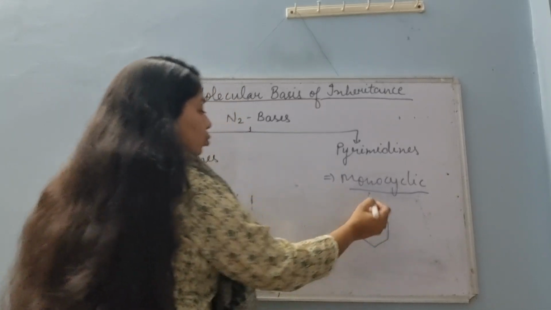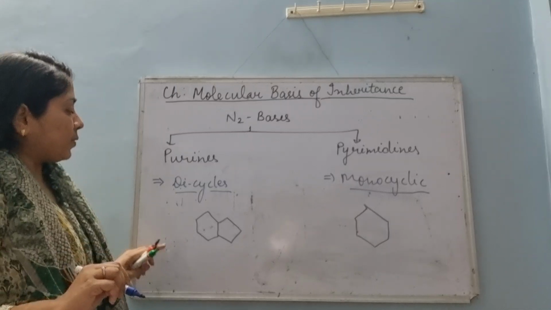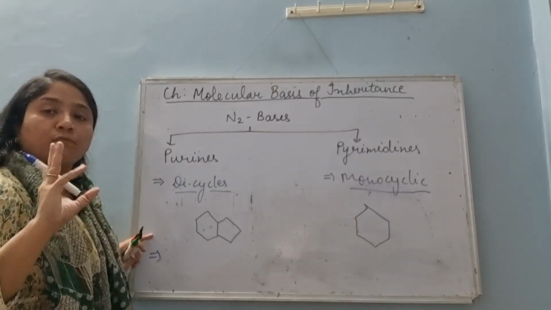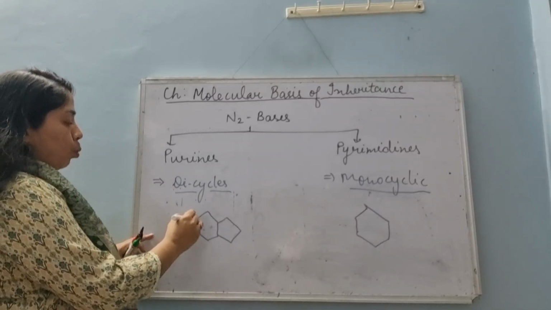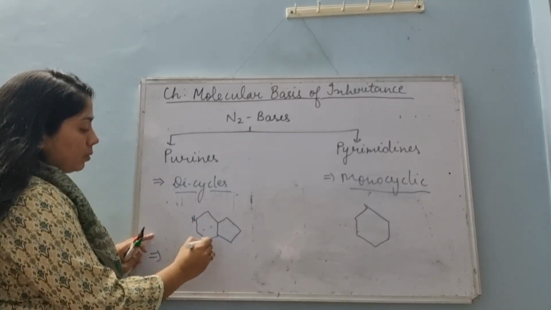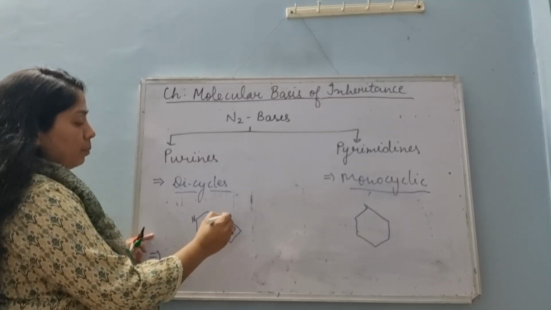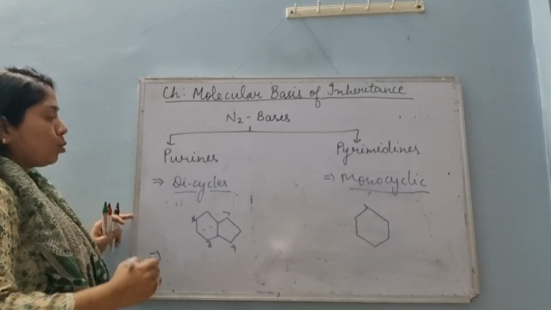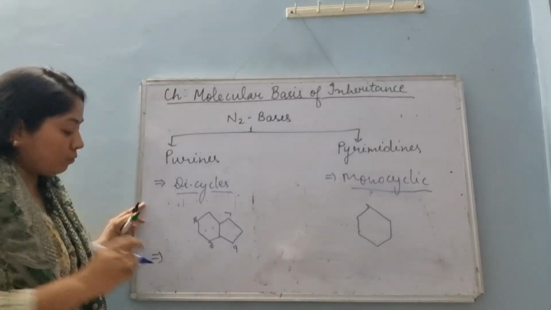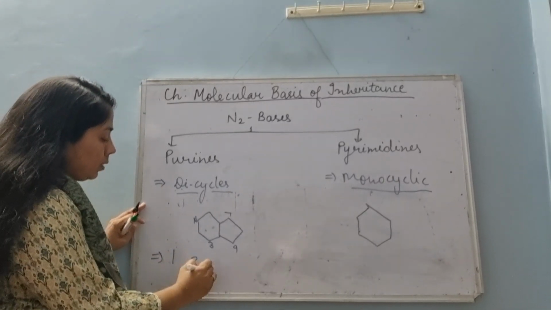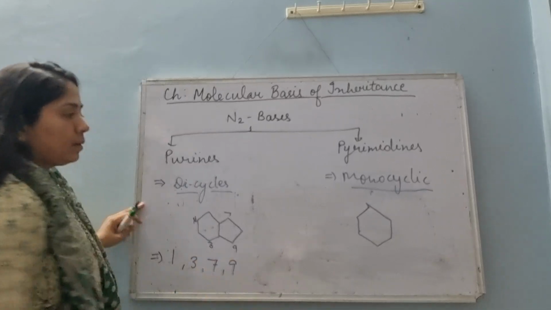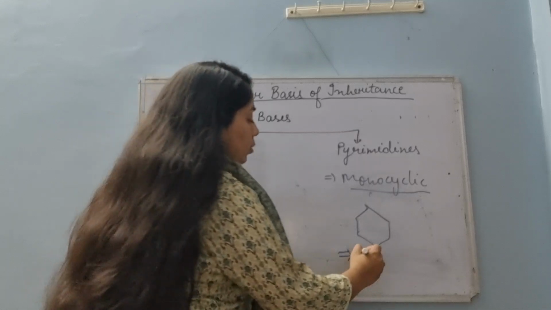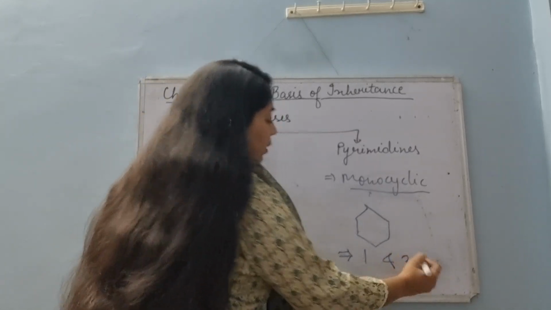Then what is the next difference? Purines have nitrogen on 4 positions: 1, 3, 7 and 9. And in pyrimidines, nitrogen is found only at 2 positions, 1 and 3.